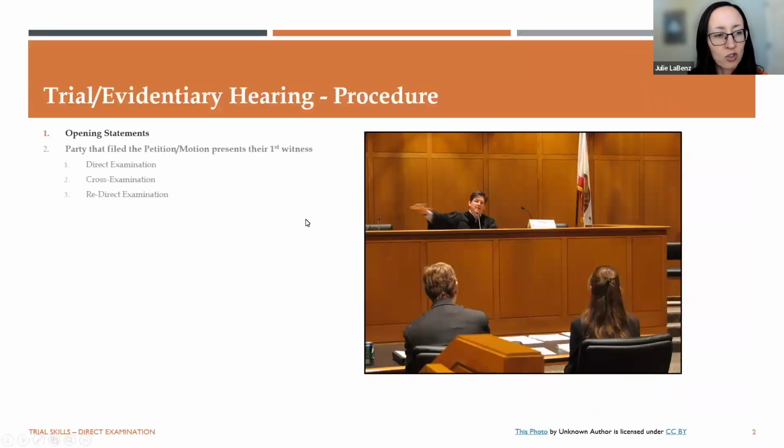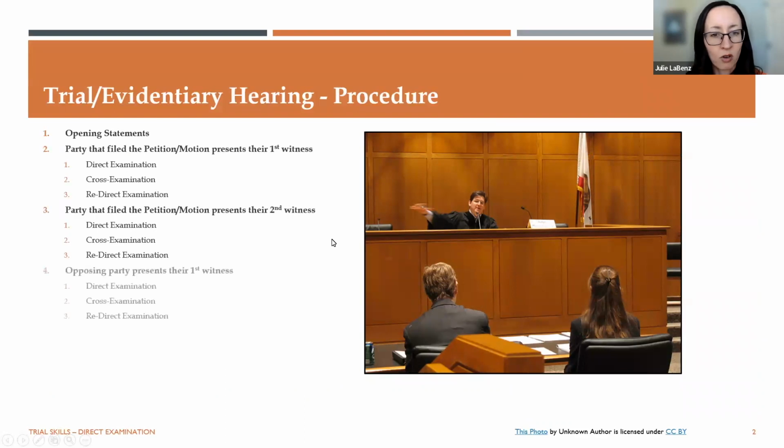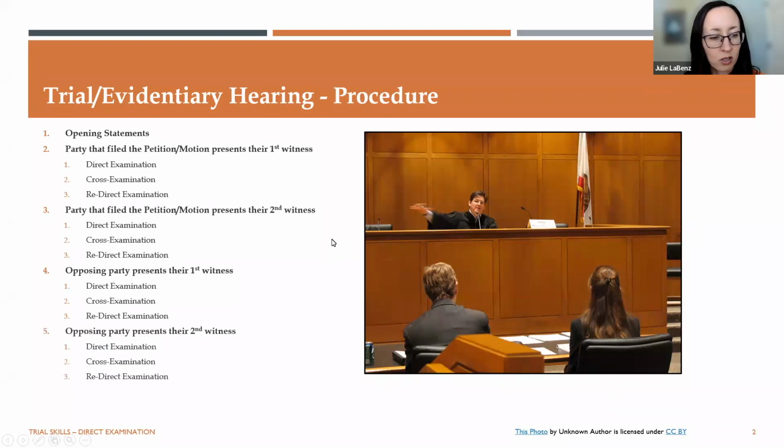So first, I just want to remind you of the overall trial procedure. First there's opening statements, and then the party that filed the petition, if you're at a final trial, or the party that filed, for example, a motion for temporary orders, if you're at a temporary orders hearing, goes first.